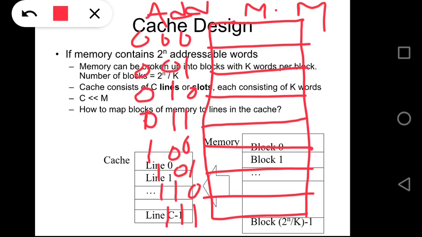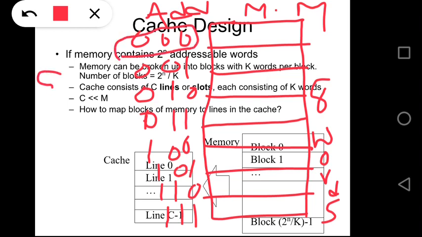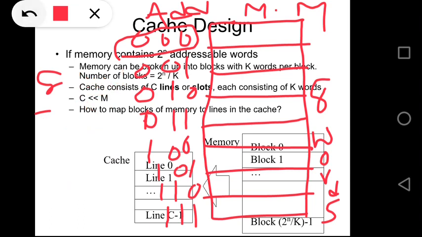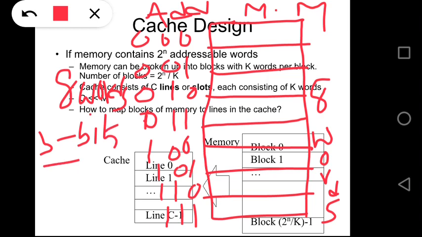So if I divide the main memory into 8 words, it's enough to have 3 bits for 8 different locations. So to identify 8 words in the memory, 3 bits are enough.